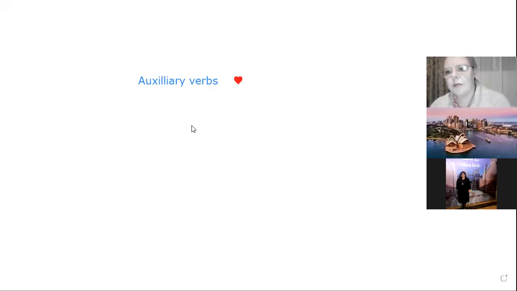An auxiliary verb is a helper verb. It helps the verb. It helps us to explain the tense, the mood, the voice of the verb. Now, what that means is, with tense, it is past tense, present tense, future tense, as well as the perfect tense.